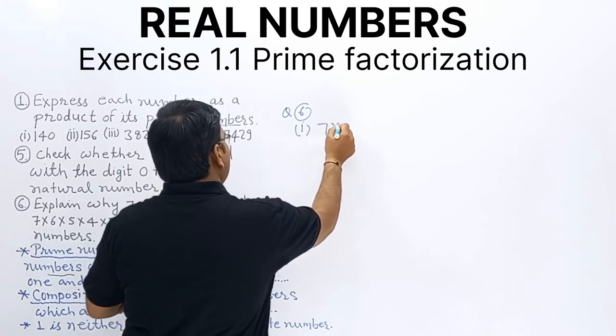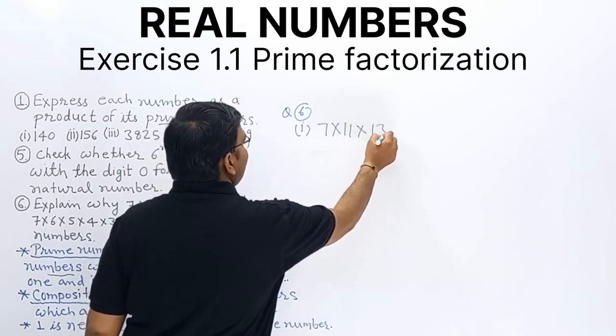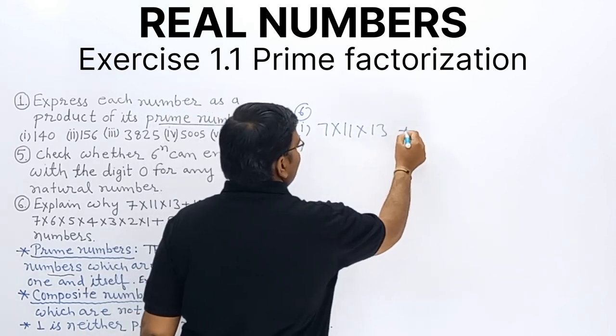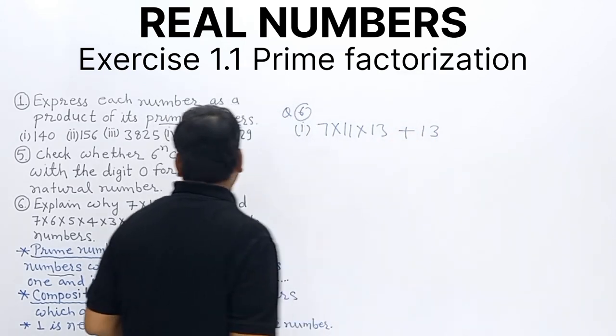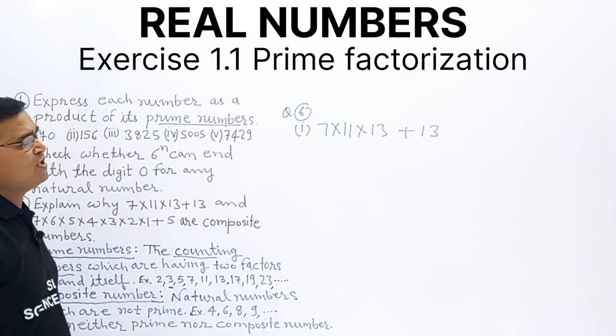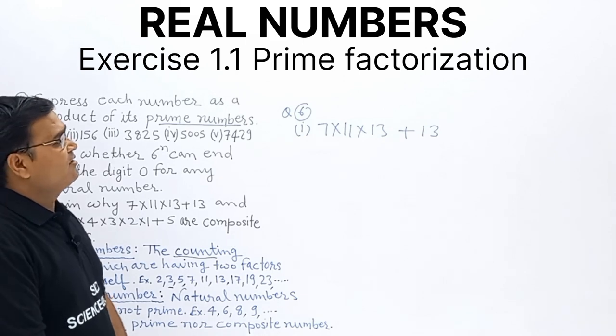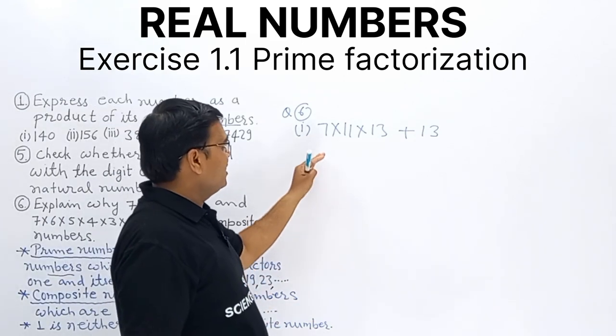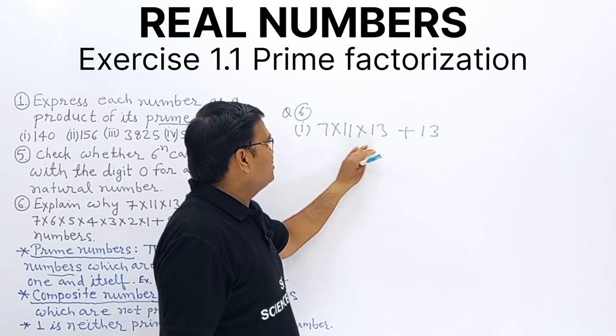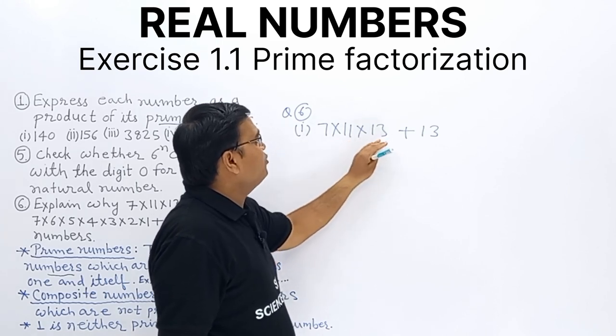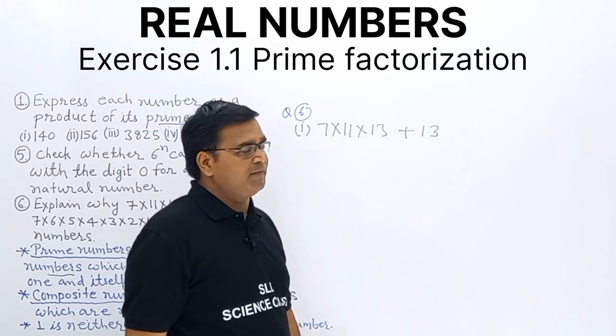7 into 11 into 13 plus 13. Now observe this question. This is a product of three numbers, 7 into 11 into 13, then we are adding 13.